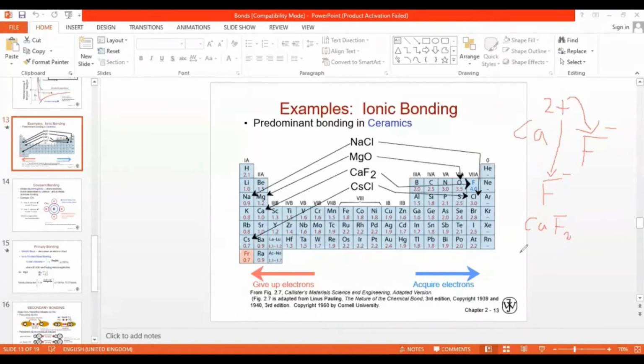In a similar way, if I write for K and O, potassium will lose 1 electron, so 1 plus. O will gain 2 electrons.